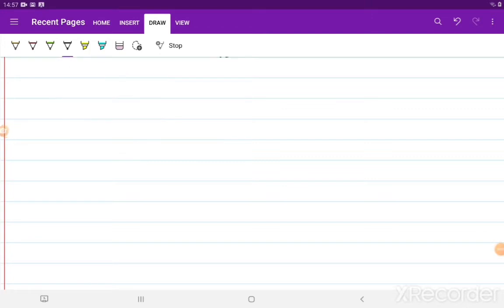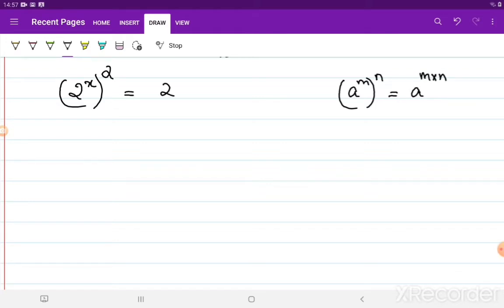Okay, so the next question that odd roll numbers faced was: 2 to the power x whole to the power 2, is it equal to 4 to the power x? So I'll just convince you. I'm using the rule, if you have a to the power m raised to the power n, you can multiply the powers, m into n. So I can write this as 2 to the power x into 2, or 2 into x, 2 to the power 2x.